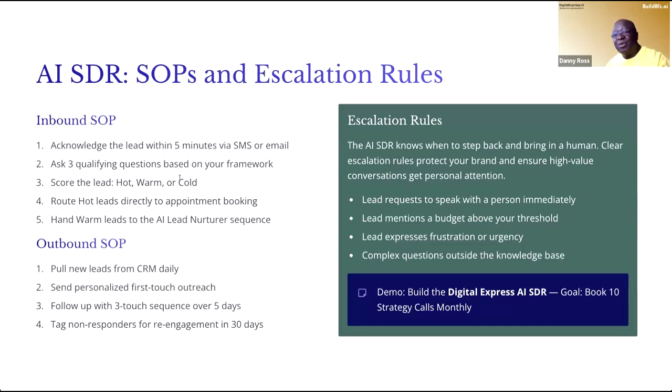You can then score them however you want to score them, and then get those hot leads directly to an automated booking system. So if your website is functioning properly, somebody puts in an inquiry or they download your lead magnet or respond in some way, and then the automation immediately sends back a response to welcome them and make sure they know you're aware of them.